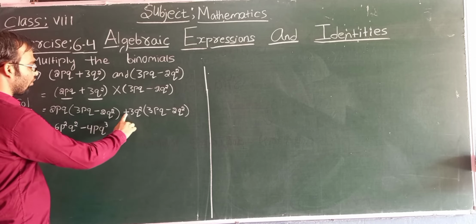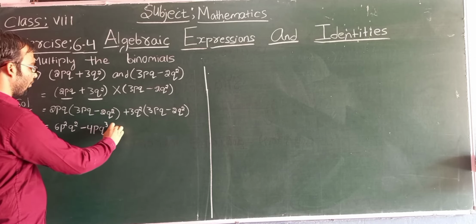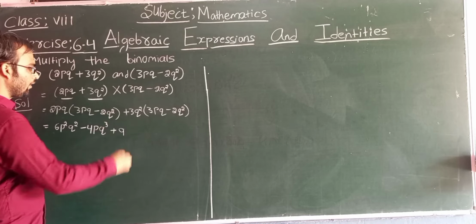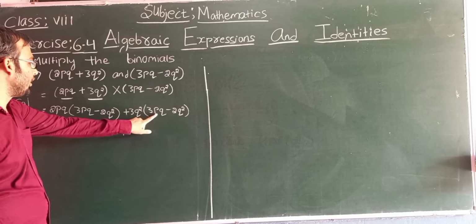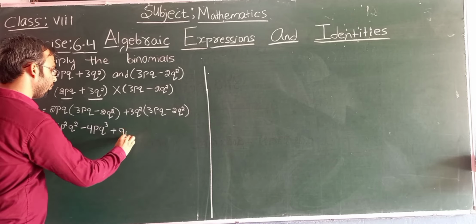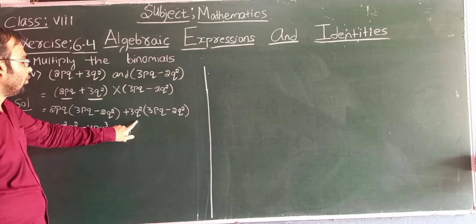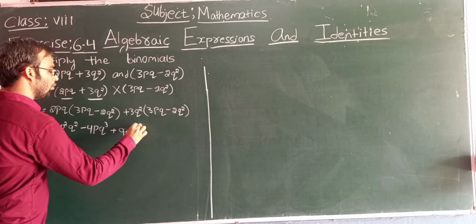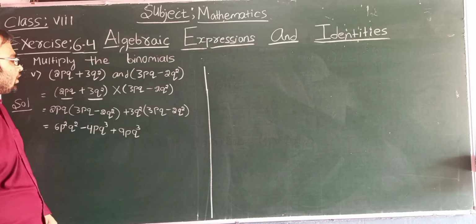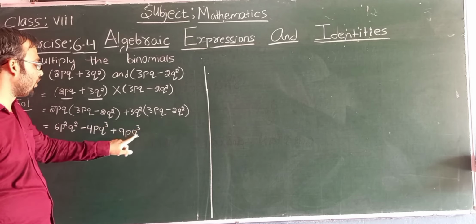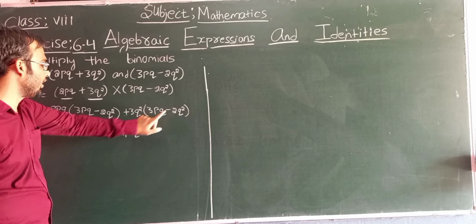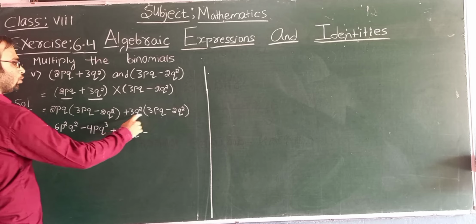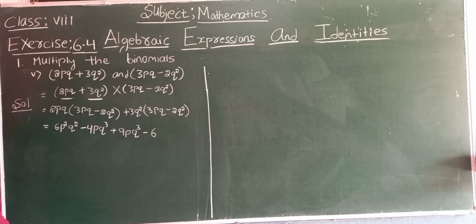Now come to this one. Here plus is there, here also plus, so plus into plus will be plus. 3 3s are 9. Here P is there, here there is no P, so write P. Q square into Q will be Q cube. Next plus into minus will be minus. 3 2s are 6.